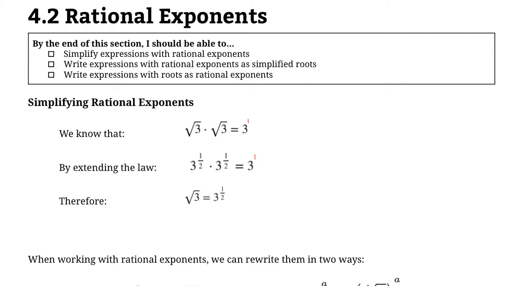We can use the rule from our exponent laws that when we multiply two terms with the same base, we add their exponents, and 1/2 plus 1/2 is in fact equal to 1. And so if this is true, that would mean that the square root of 3 is the same thing as 3 to the power of 1/2.